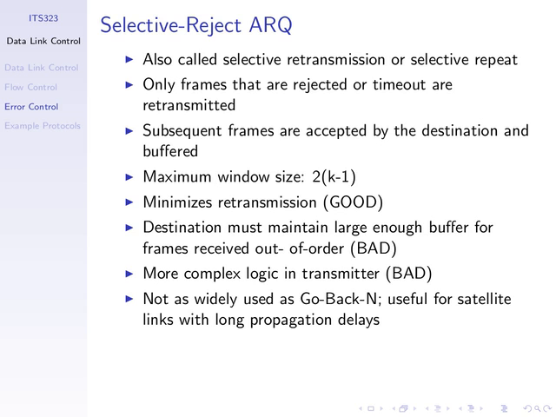Sliding window, I think if you go back, was 2 to the power of k minus 1. Selective reject. So here's a mistake in the slide, everything should move up in the brackets. We haven't discussed how that works or the significance of that at this stage. We may see it when we look at TCP.